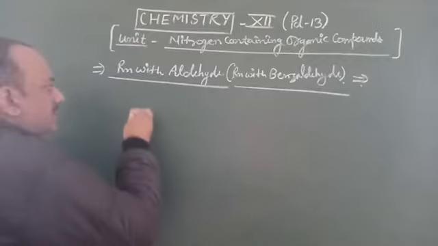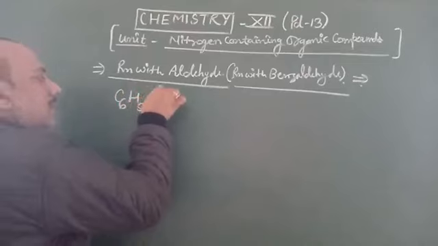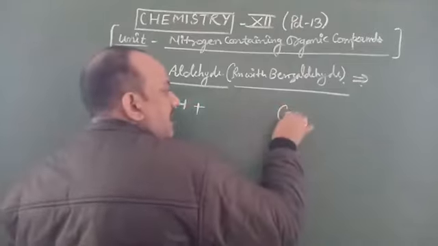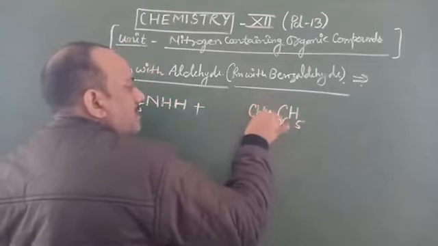It makes a base. Aniline, C6H5NH2, reacts with benzaldehyde, C6H5CHO.